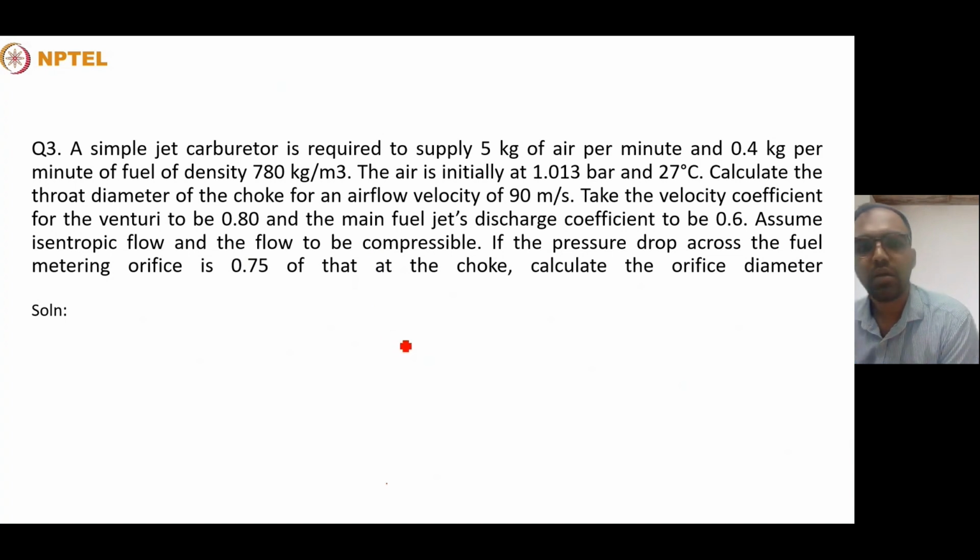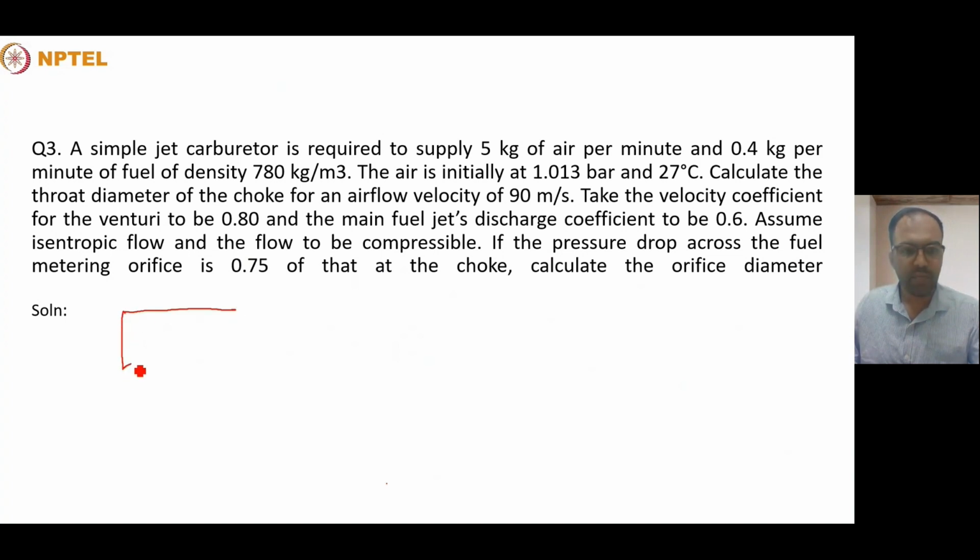If the pressure drop across the fuel metering orifice is 0.75 of that at the throat, calculate the orifice diameter. So in this particular problem, this is a case of a carburetor. So this will be the schematic of a carburetor.